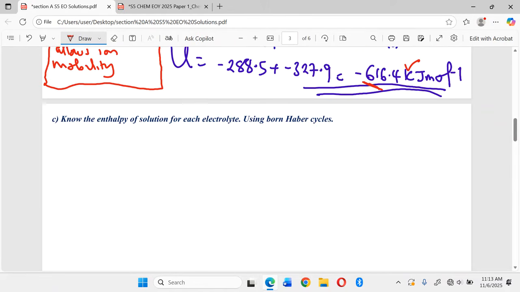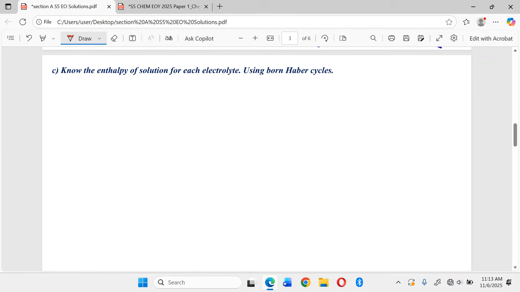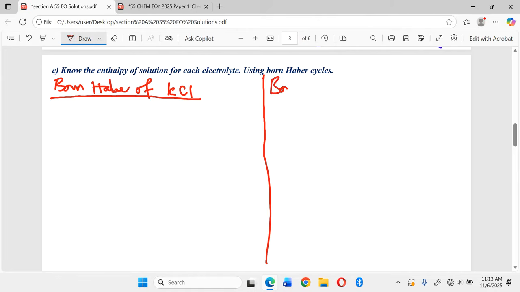Let's come back here. There are two electrolytes. Let us start with the Born-Haber cycle of which one can we start with? Maybe potassium chloride. Now, we have the Born-Haber cycle for potassium chloride, and then we are going to draw another one, the Born-Haber cycle of potassium iodide.